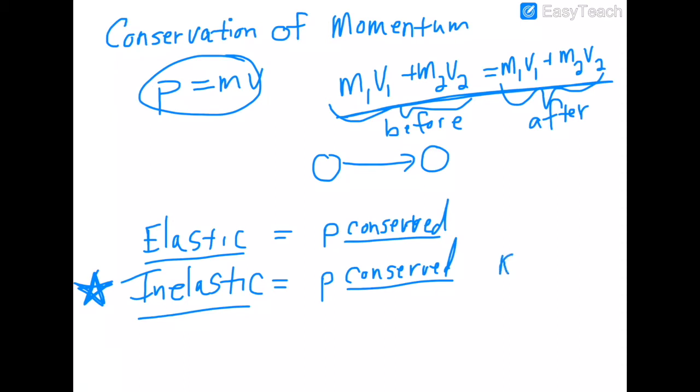So kinetic energy, we can do kinetic energy conservations also. And in inelastic collisions, kinetic energy is not conserved. But in elastic collisions, which are basically almost kind of make-believe, kinetic energy is also conserved.